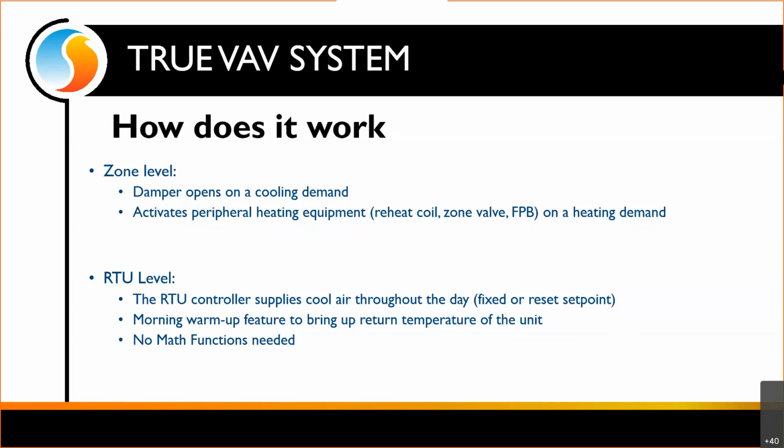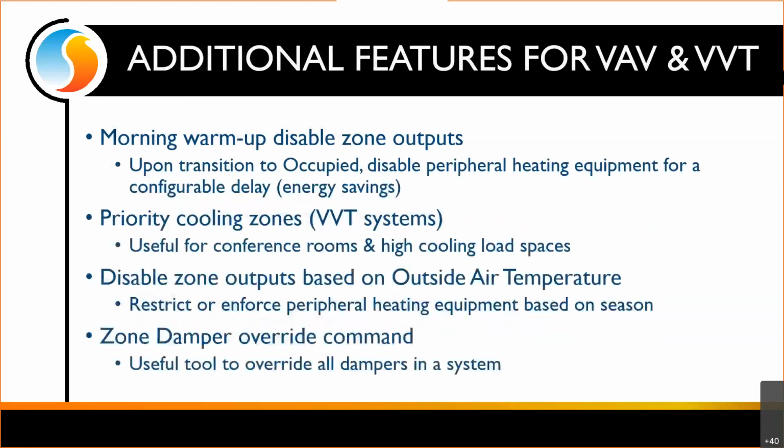Okay. And now just to conclude the PowerPoint, here's some additional features which we offer with the Rooftop controller. And this is both for the C1000 and the M2000 Rooftop platforms. So one is a morning warm-up to disable zone outputs.